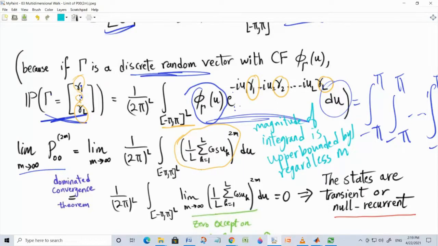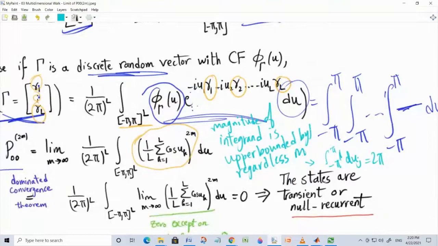So we can upper bound this thing by 1. And what's the integral? Is the integral converging or diverging? If you integrate just 1, it's a nice integral. Every variable goes from minus pi to pi, so you will get a finite result. The integral of du_j from minus pi to pi is equal to 2 pi.